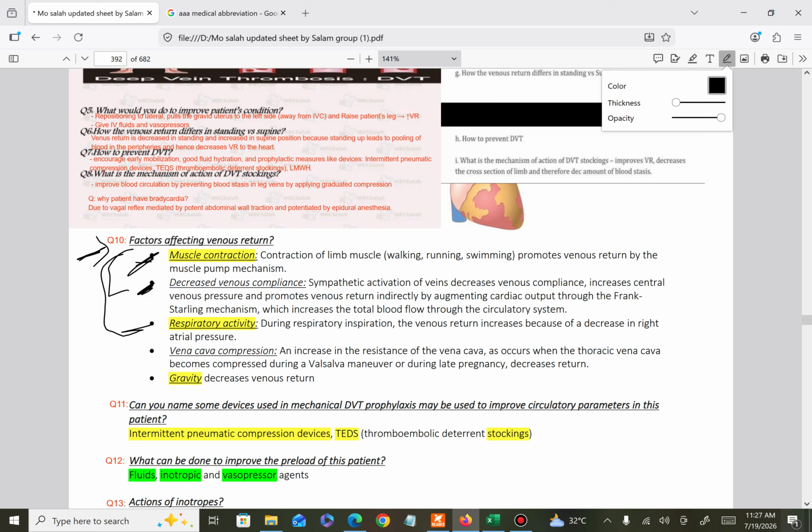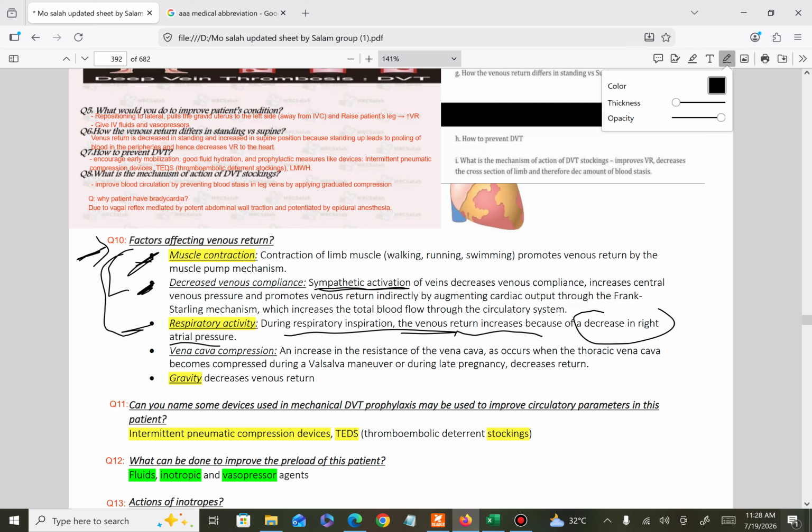Decreased venous compliance, like when there is sympathetic activation, will decrease the venous compliance, which promotes the venous return. Then the respiratory activity: during inspiration, the venous return increases because of decrease in right atrial pressure.